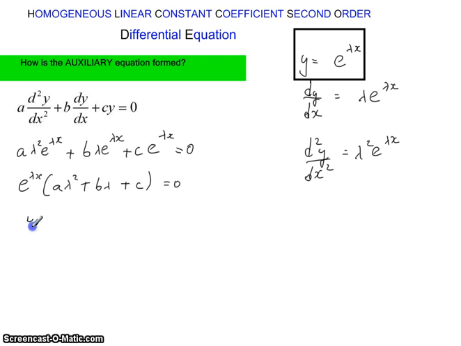So for y equals e to the lambda x to be a true solution of the differential equation, a lambda squared plus b lambda plus c equals 0. And this equation here is called the auxiliary equation.